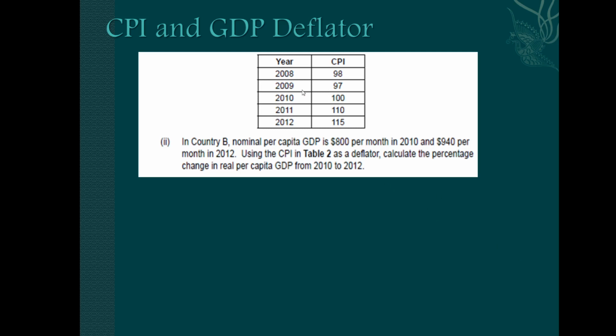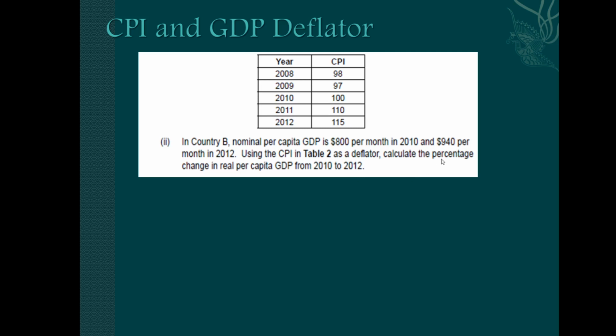This is exactly extracted from a past paper. You see there is a series of CPI, and the question is right here. The nominal GDP per capita is $800 for 2010 and 940 in 2012. Use the data given and calculate the percentage change in real GDP from 2010 to 2012.